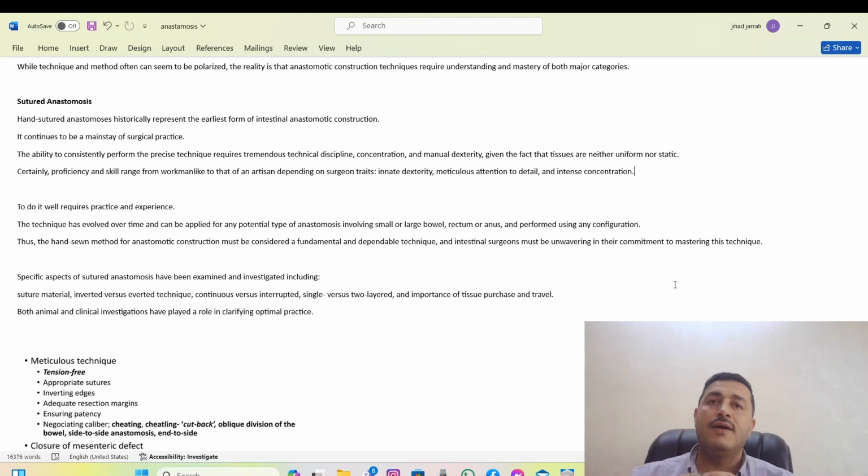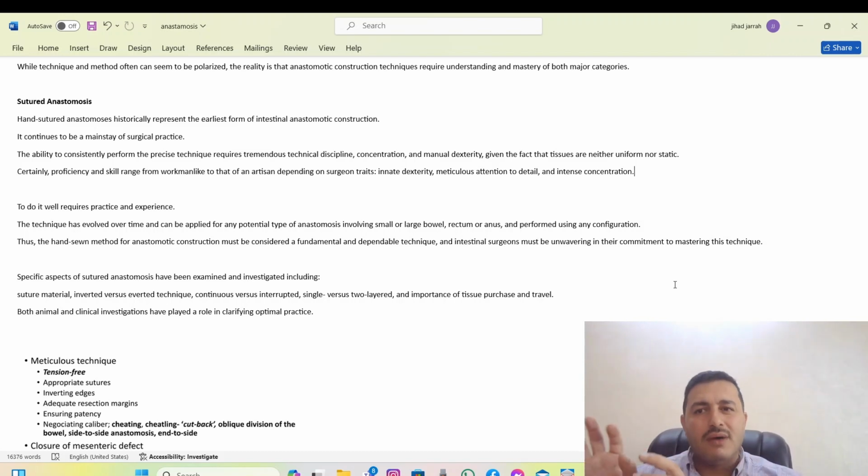So what's the level of the tissue that I should penetrate, called the tissue purchase? Then how far apart the stitches should be, and what type of needle I should use. These are all parameters that are discussed in different studies.